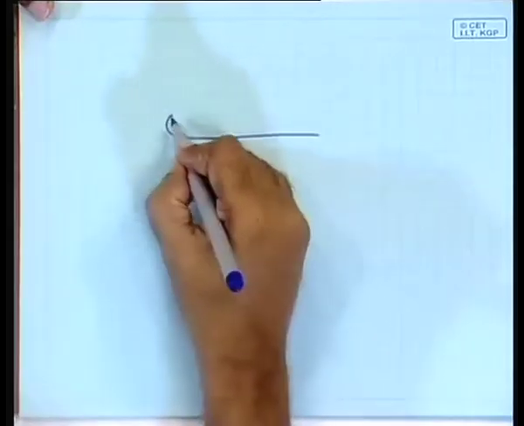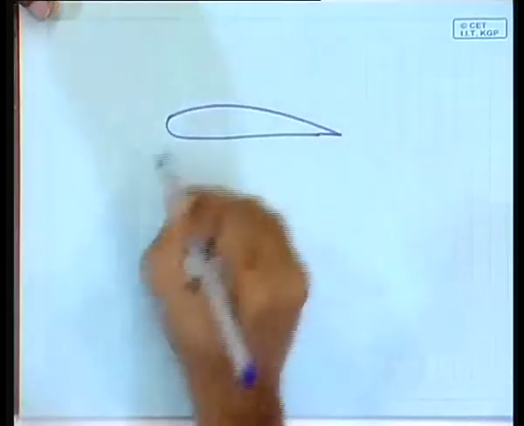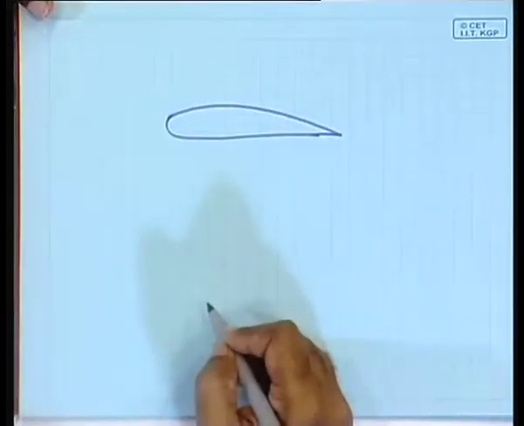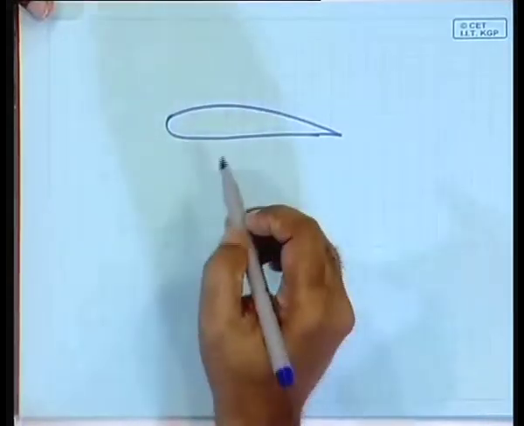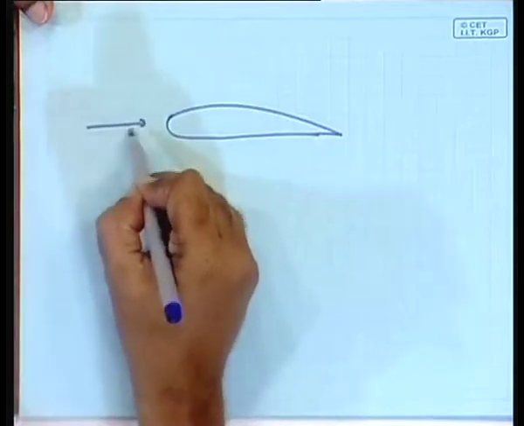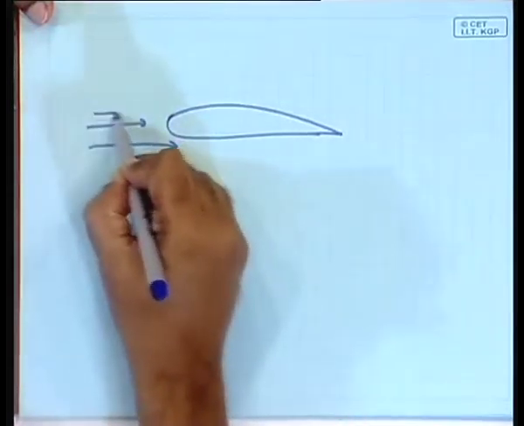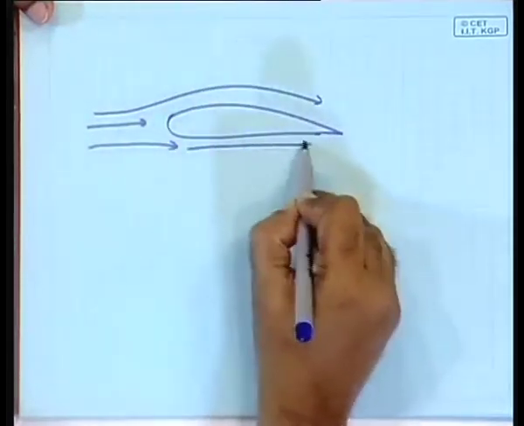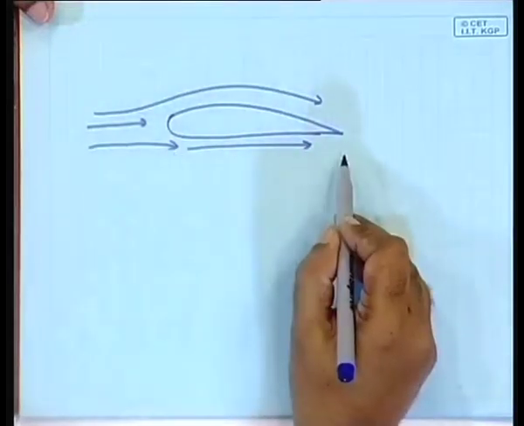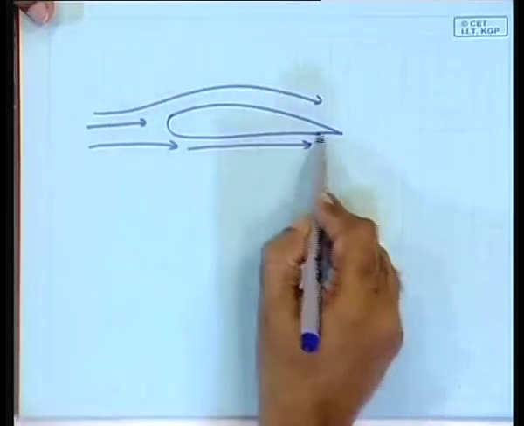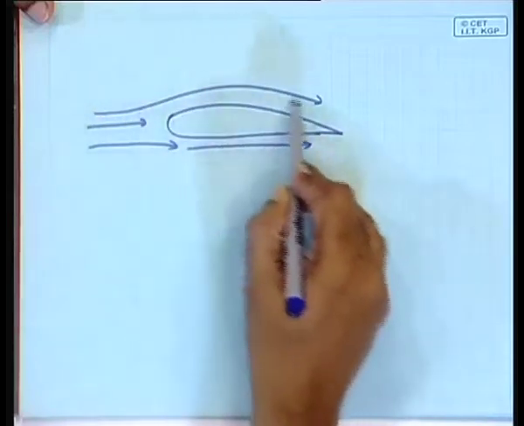How does the aeroplane wing work? You have the wing shaped like this, and you have the air coming and it flows like that. Because of this specific shape, air is forced to flow like that.